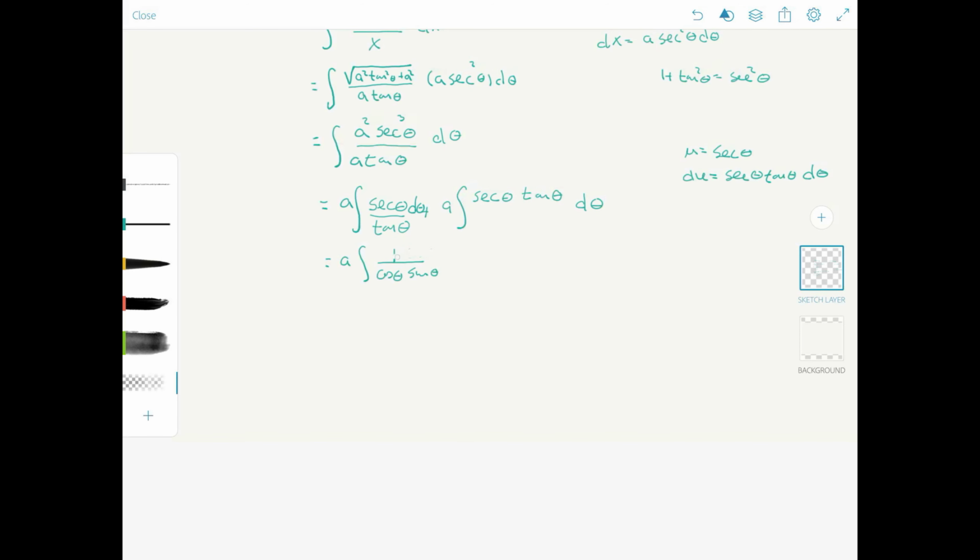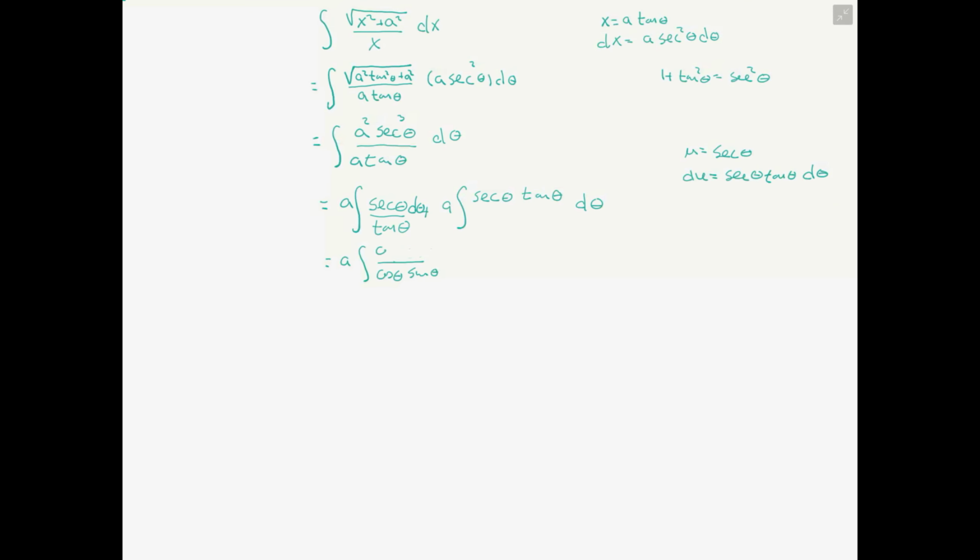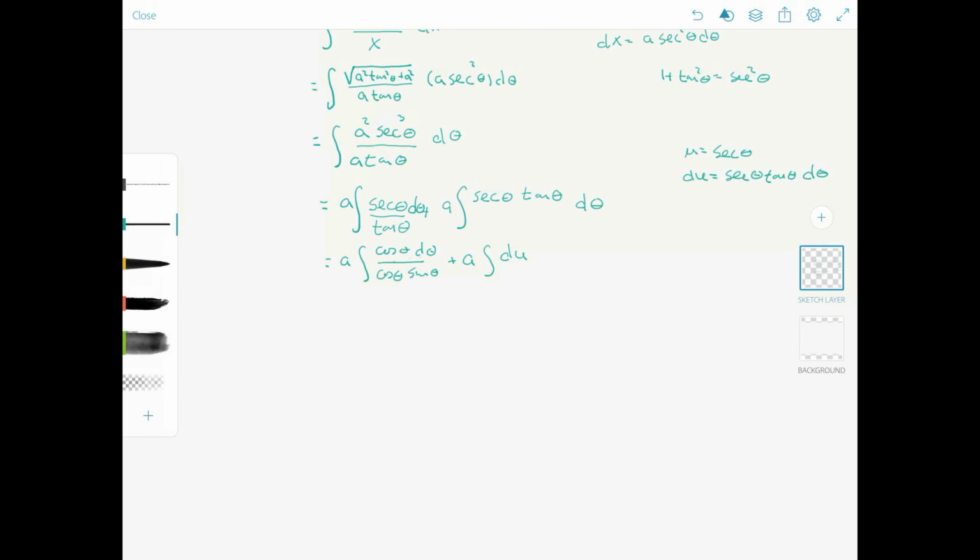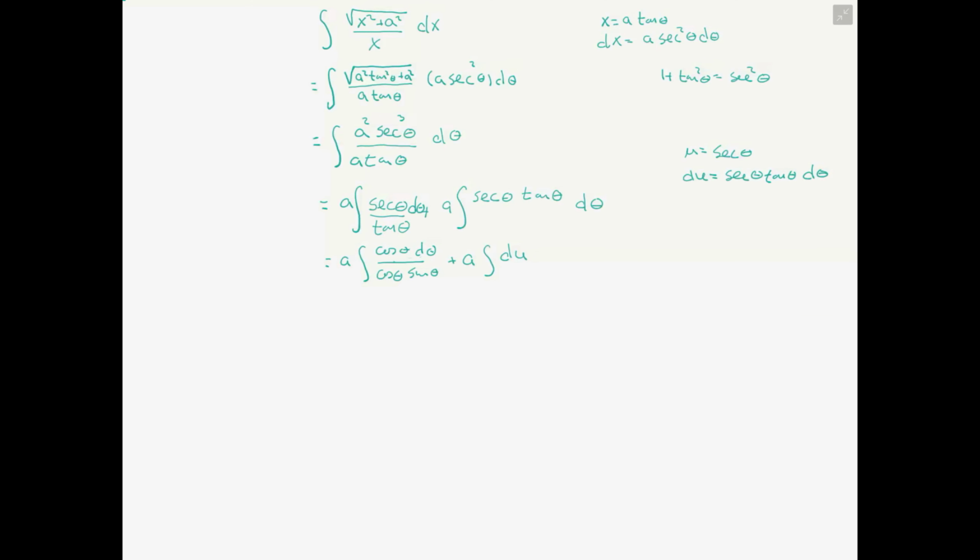I'm just making it neater here. But the cosines cancel, and we have cosecant. But before I get to that point, I just recognize that the second integral is du.